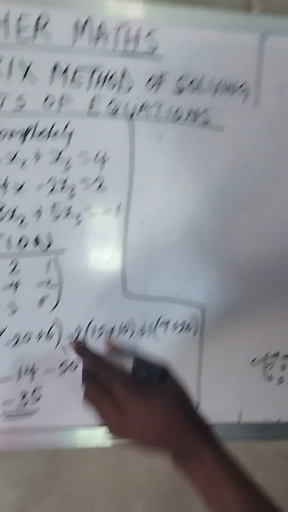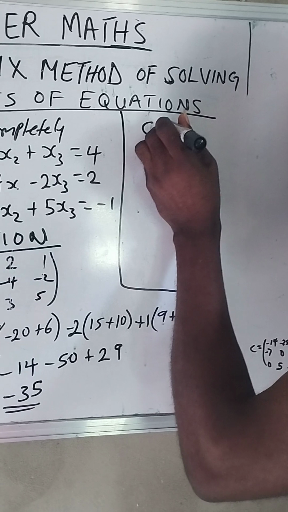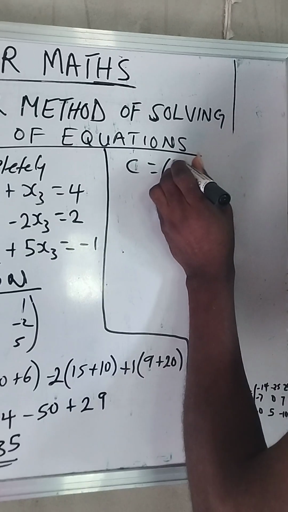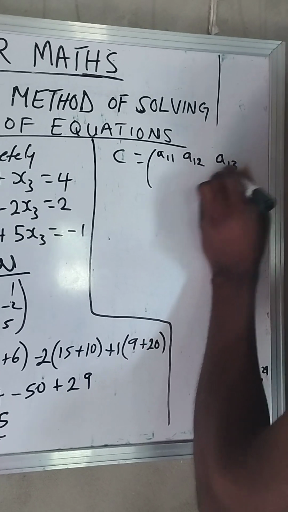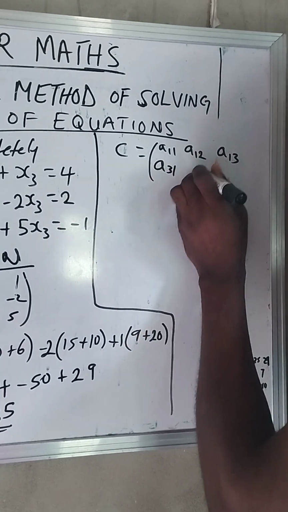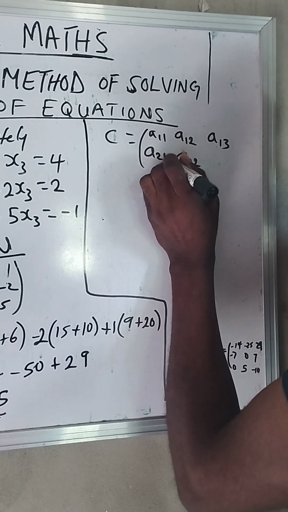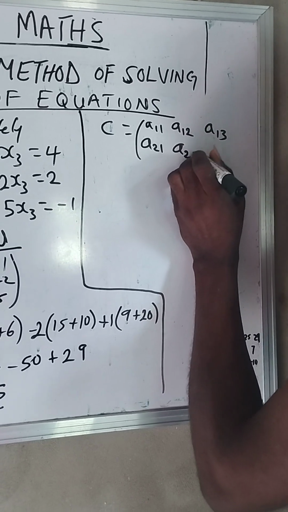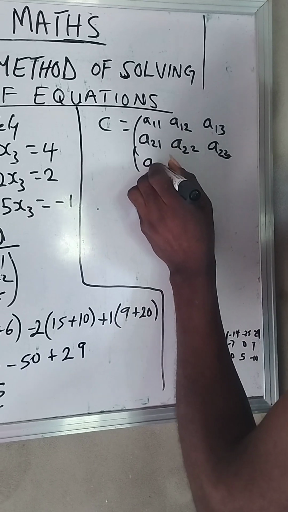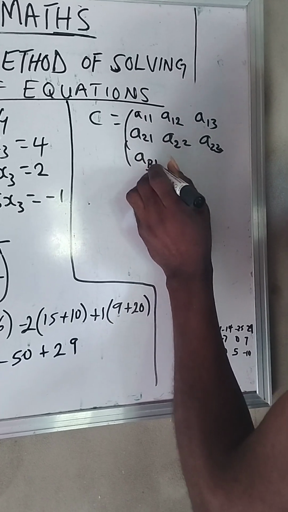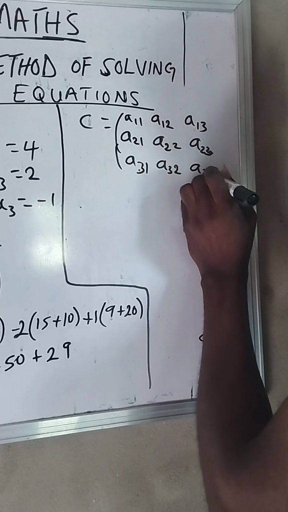The next thing is to get the cofactor of the 3 by 3 matrix A. The cofactor C is gotten by A11, A12, A13, A21, A22, A23, A31, A32, and A33.